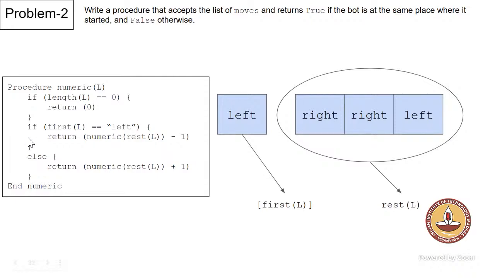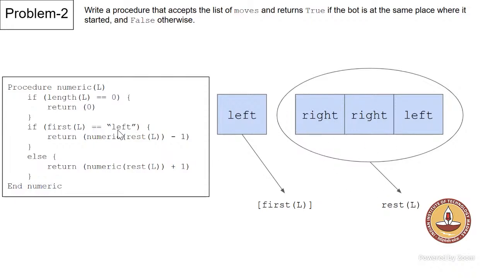If the list has some elements in it, then we are checking the first element, whether it is left or right. If the first of L is equal to left, then we should count it as -1, and then we can say plus numeric of rest of L. So we can do the same thing for the remaining elements of our list.